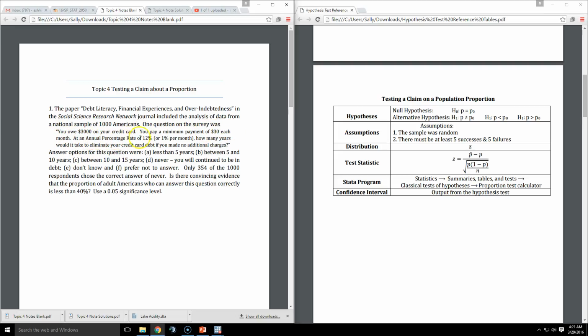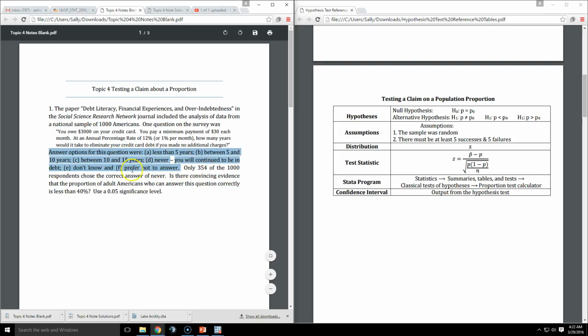At the annual percentage rate of 12% or 1% per month, how many years would it take to eliminate your credit card debt if you made no additional charges? The respondents had the option to choose less than 5 years, between 5 and 10 years, between 10 and 15 years, and never, you will continue to be in debt. E, don't know, and F, prefer not to answer.